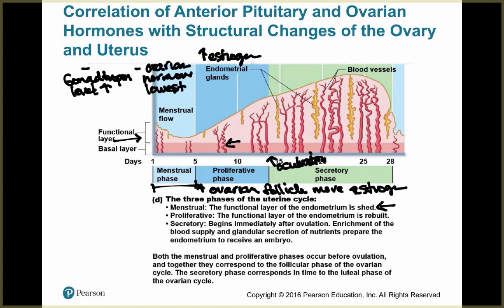So secretory phase begins immediately after ovulation, and this is day 15 through 28. This is the phase that's most consistent between women. Basically, what's happening is the endometrium is preparing for an embryo to be implanted.